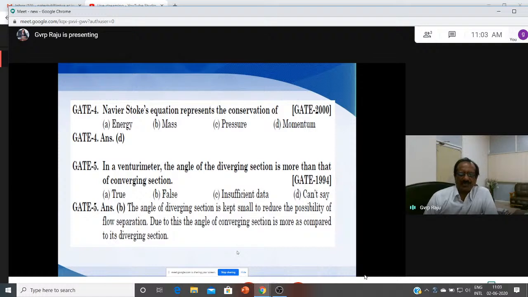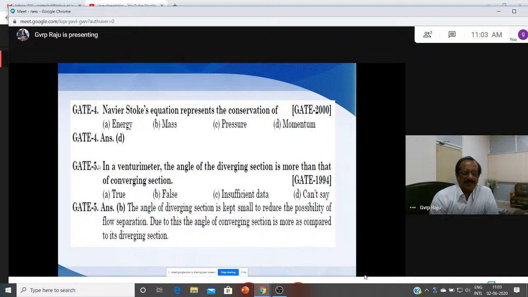This is all based on momentum. The continuity equation is based on the law of conservation of mass. Mass can be neither created nor destroyed. And the Navier-Stokes equation represents the conservation of momentum, that is D.